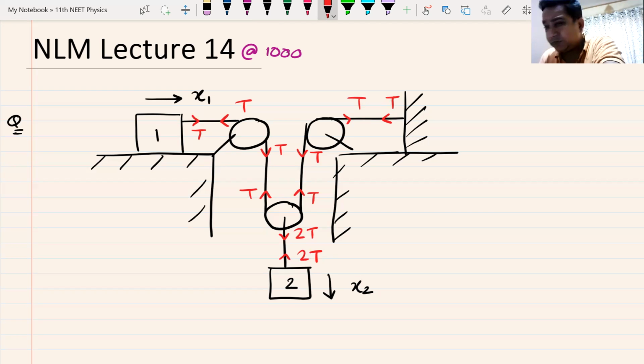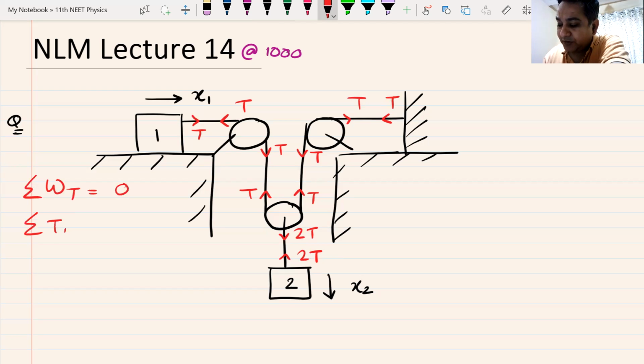Then what do I do? I stop here and I try to find out the constraint relation. How do I find out the constraint relation? I remember that summation of work done by tension is 0, or summation of Ti, tension in the string, multiplied by Xi, displacement of the string, will be equal to 0.